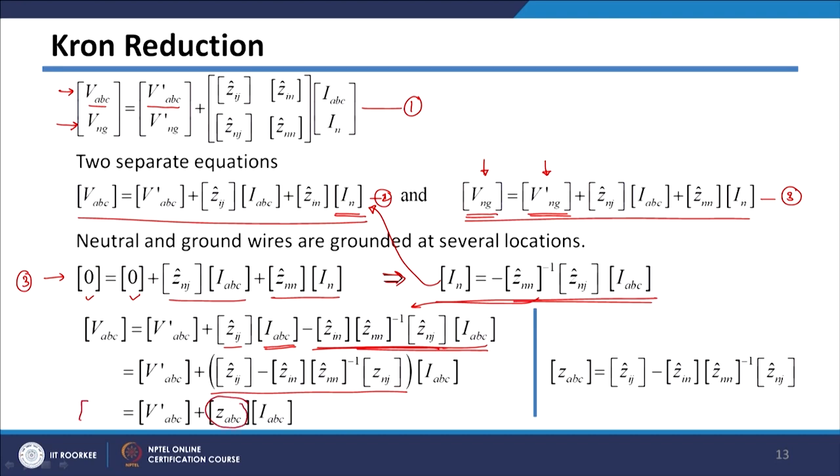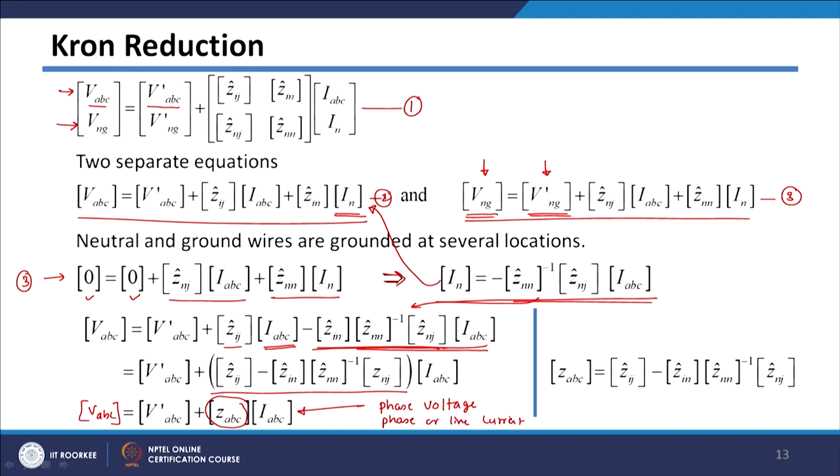On this side it is VABC and V dash ABC, ZABC and IABC. So, if you observe this expression here, it consists of only phase related voltages and phase or line currents only.